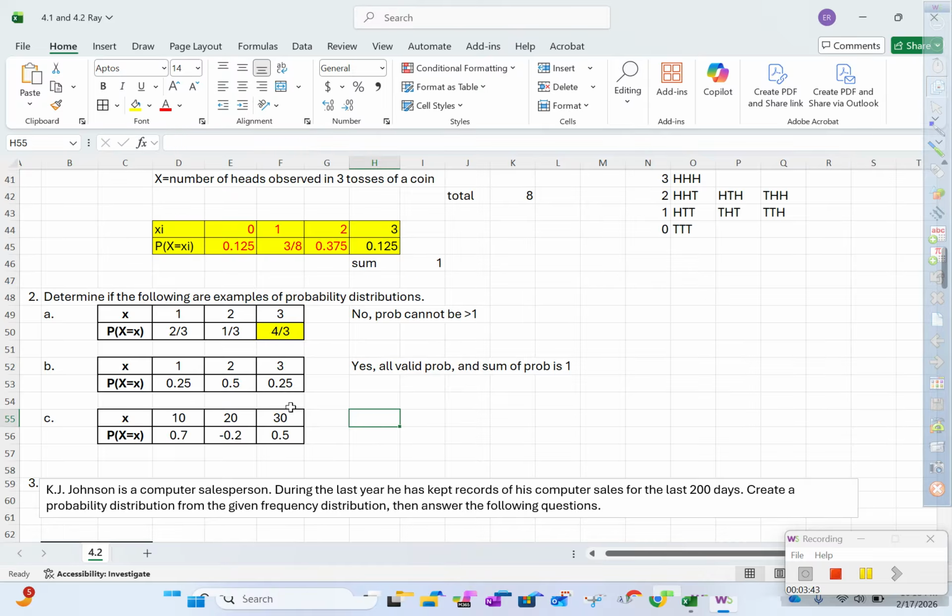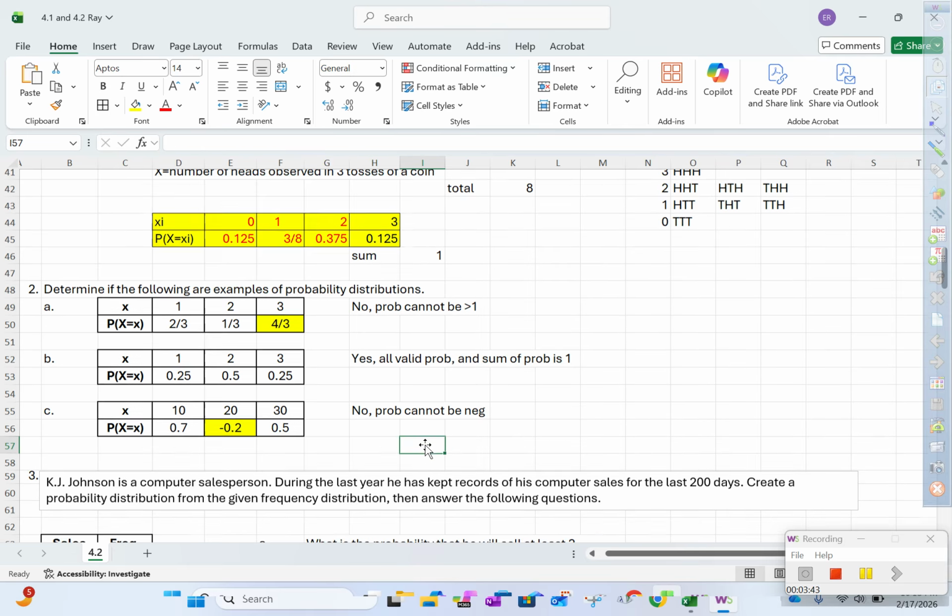Okay, on this last one, we've got an issue right here. Probability cannot be negative. So even though these add up to 1 when you add them, we have to check that the individual probabilities are valid first, so this is a no. Probability cannot be negative. Okay, so that's it for that one.